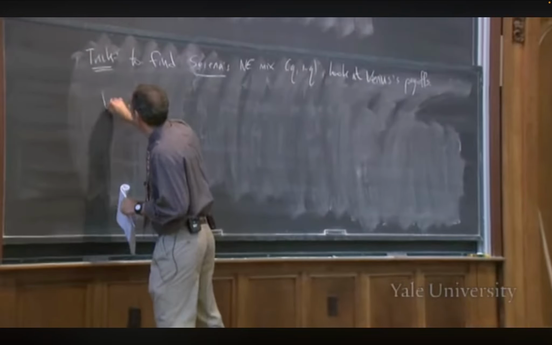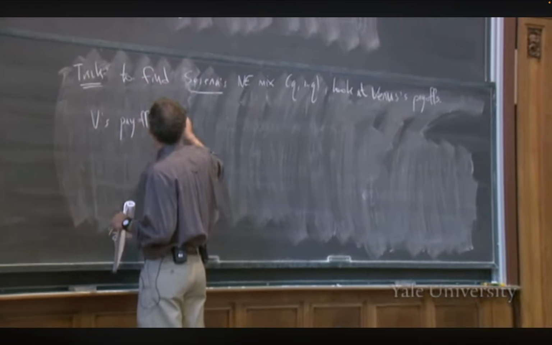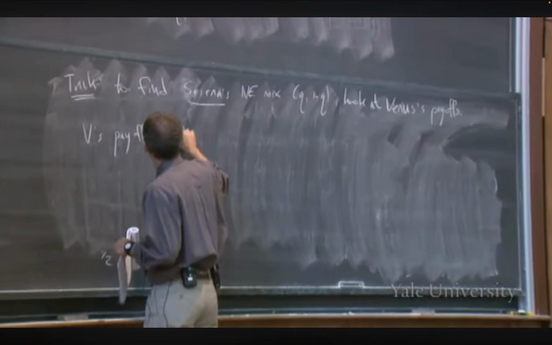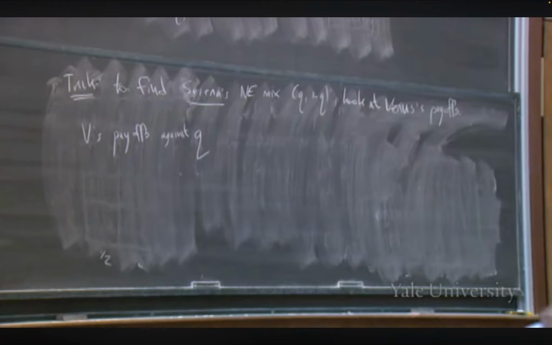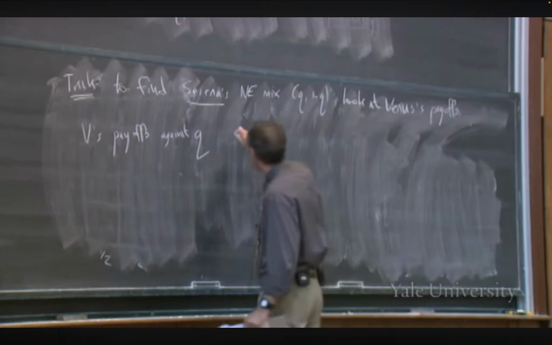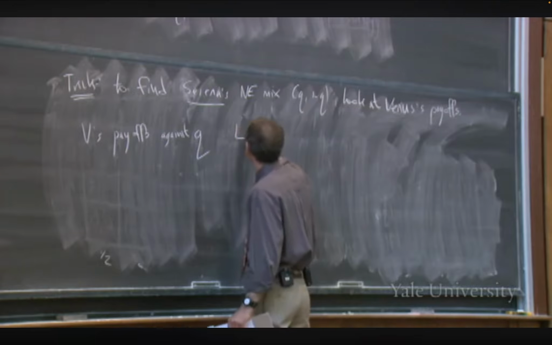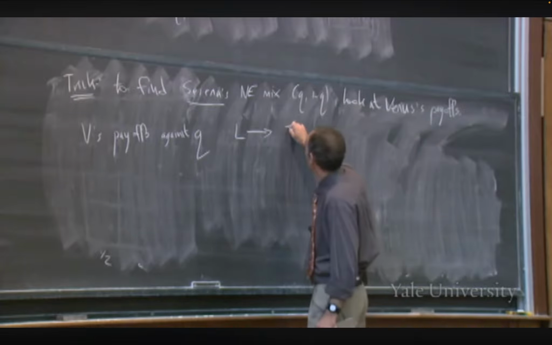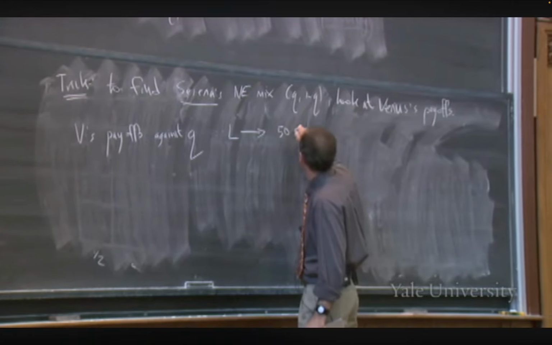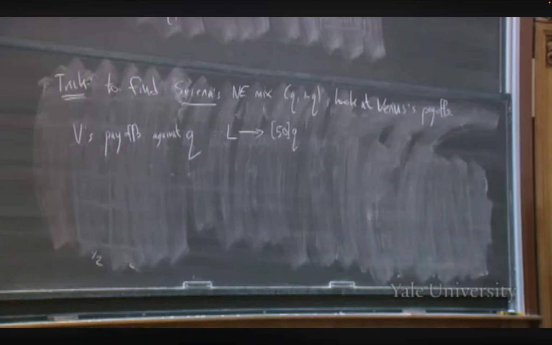So let's look at Venus's payoffs. Venus's payoffs against Q, right? So Serena is choosing Q, 1 minus Q. So what are Venus's payoffs? So if she chooses left, then her payoff is 50 with probability Q, and I'm going to use the pointer here and hope that the camera can see this too.